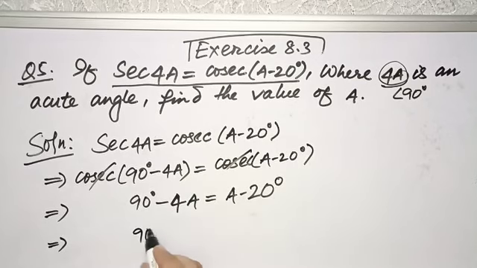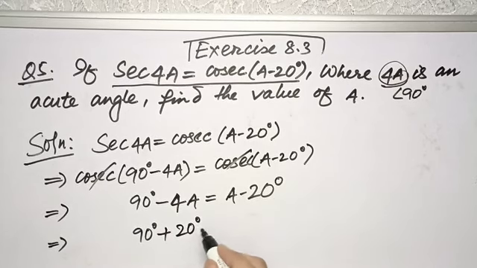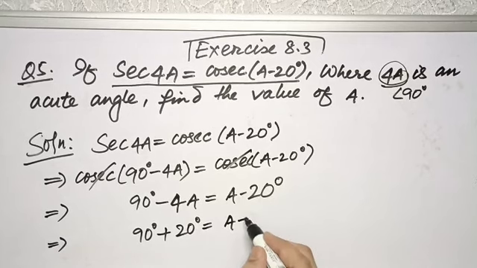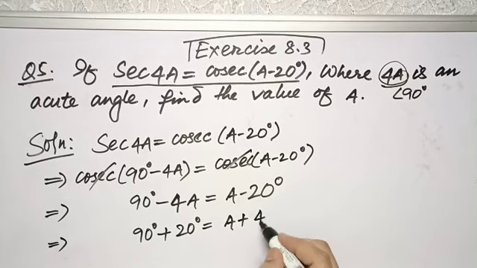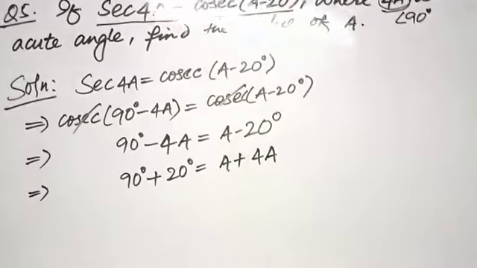We'll keep the angles on the left hand side, that is this 90 will come to the other side and become positive 20, and this a is here, and this minus 4a will go and become plus 4a. Getting it?